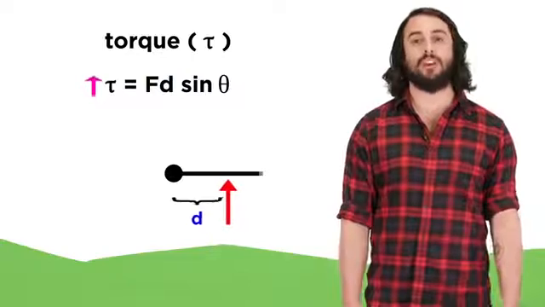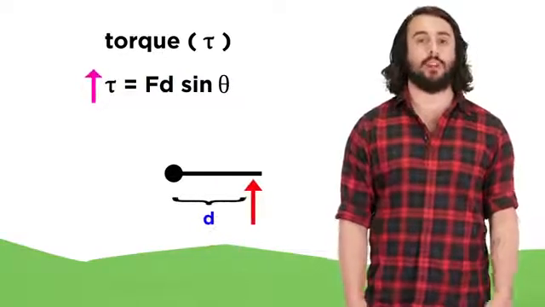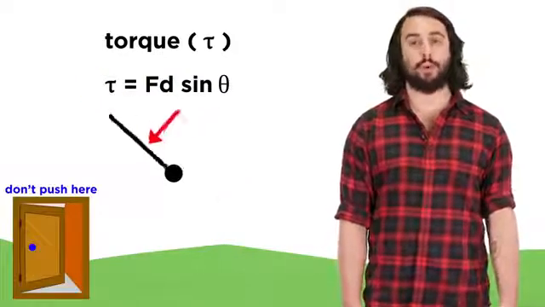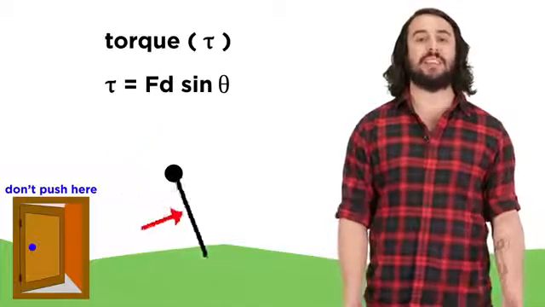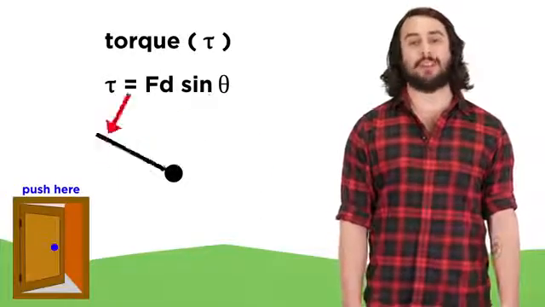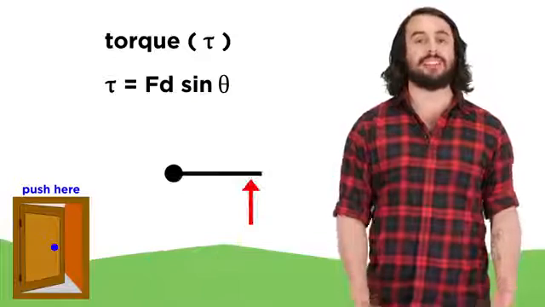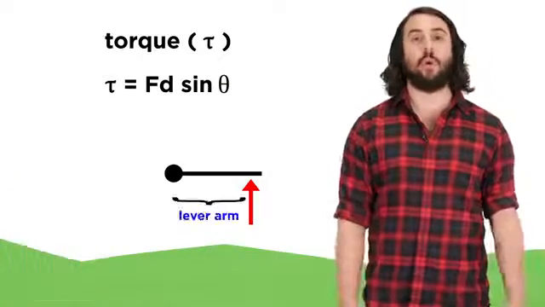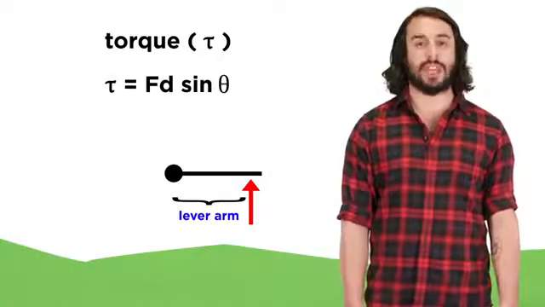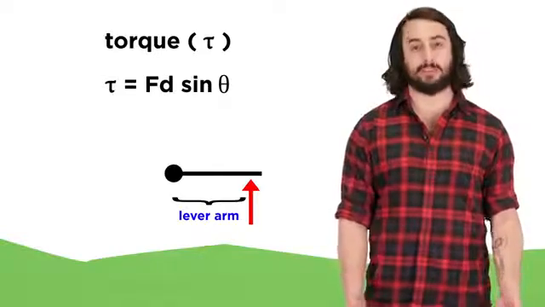The longer the lever, the easier it is to produce torque, which is why it is difficult to push a door open if you press near the hinge, but easier and easier as you move outwards, thus extending the lever arm, or the distance from the axis of rotation to the point where the force is applied.